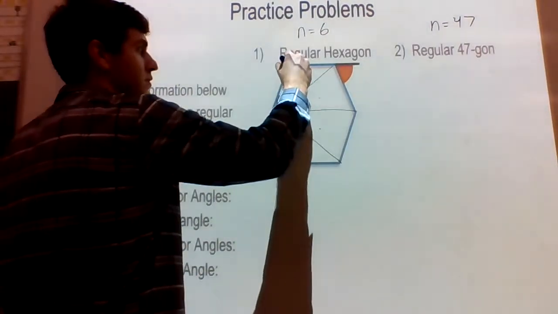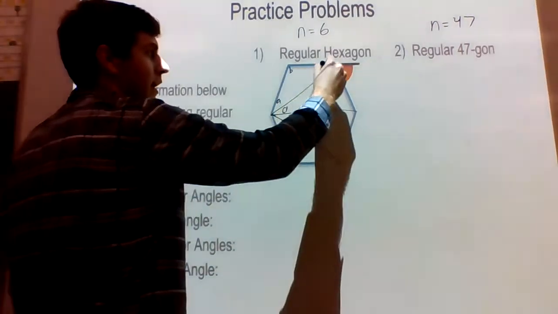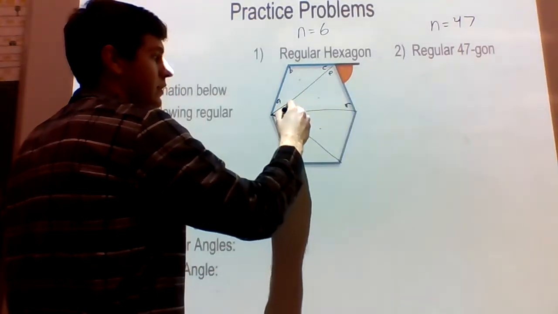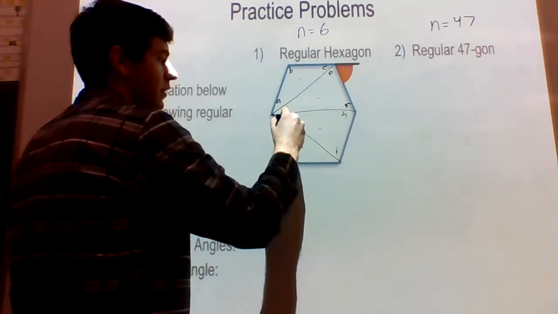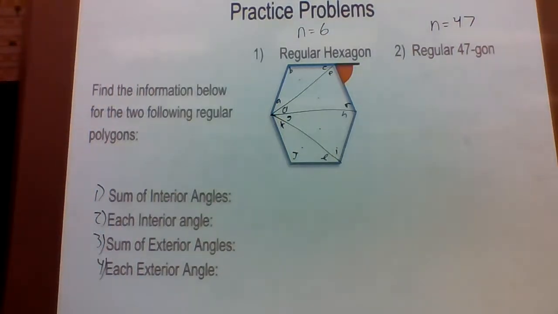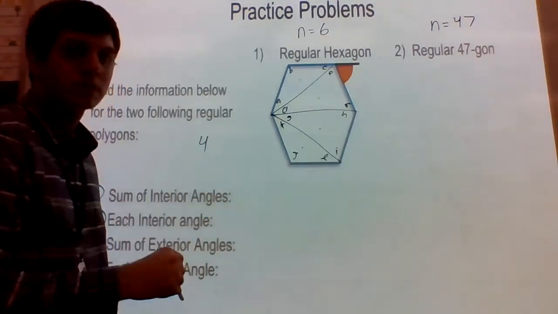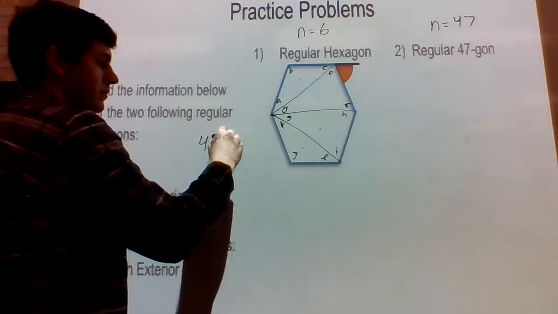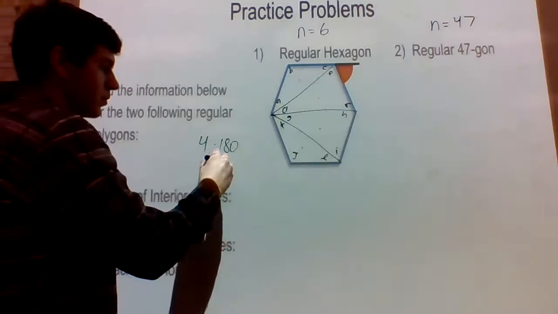So A, B, and C add up to 180. D, E, and F add up to 180. G, H, and I add up to 180. And J, K, and L add up to 180. So we have 4 triangles, each adding up to 180, and that's going to give us 720.